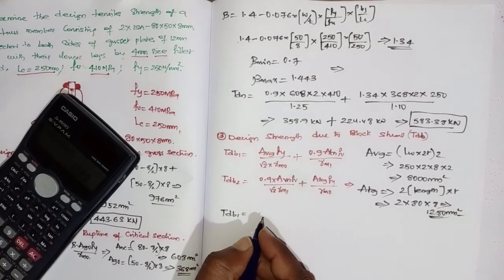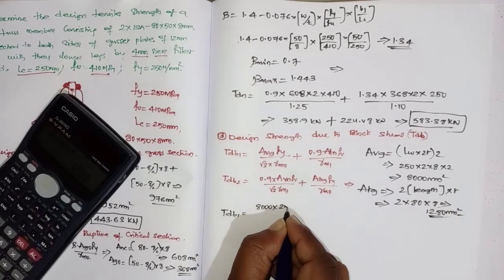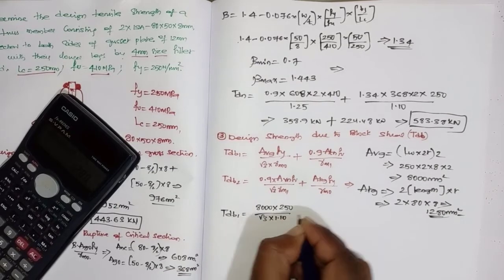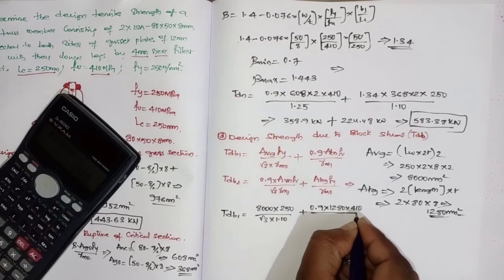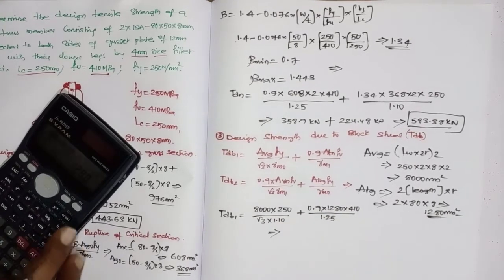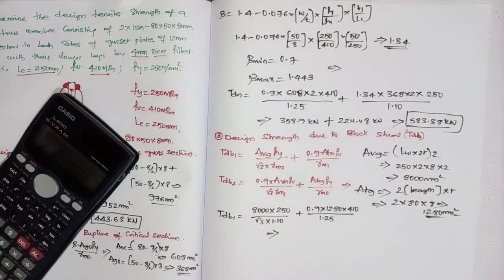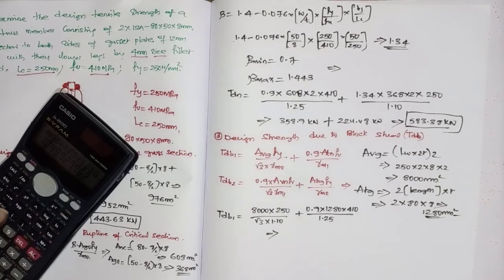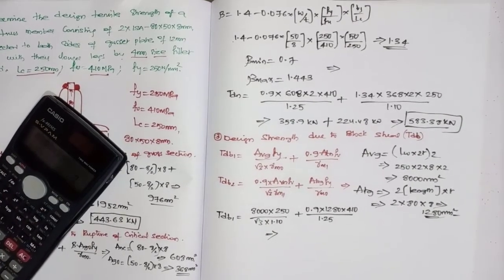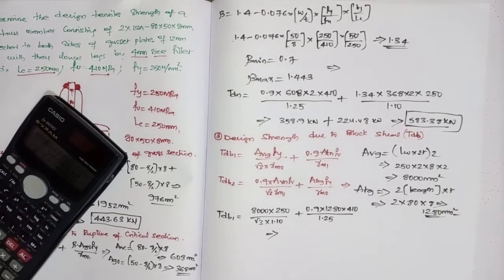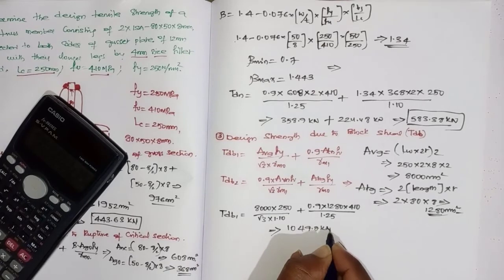Tdb1: already we doubled it, no need to write 2 again, into 250 divided by ... 1049.7 kilonewtons.